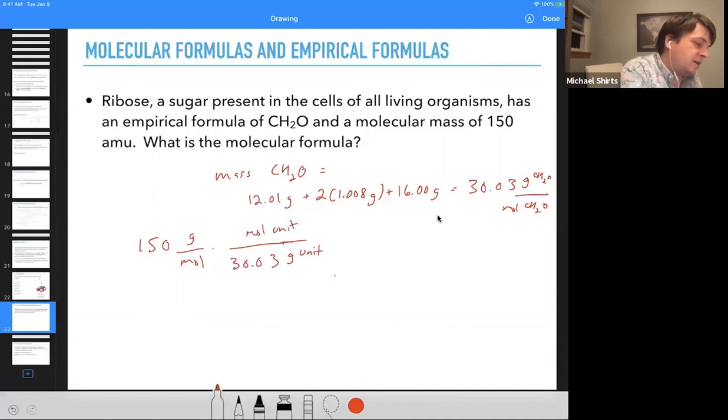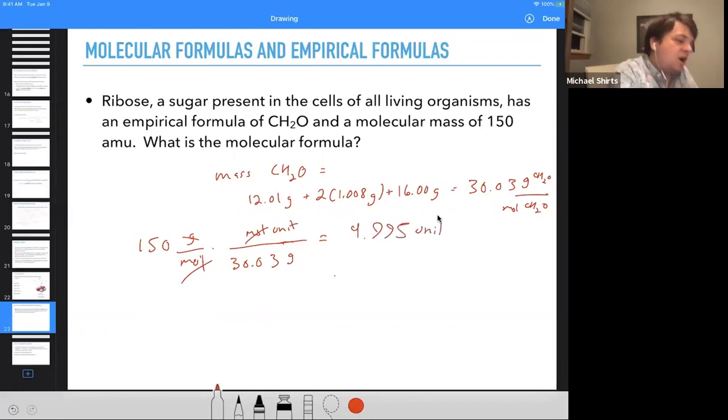Then when we cancel this out, we cancel out the grams and the moles, and we get 4.995 units.